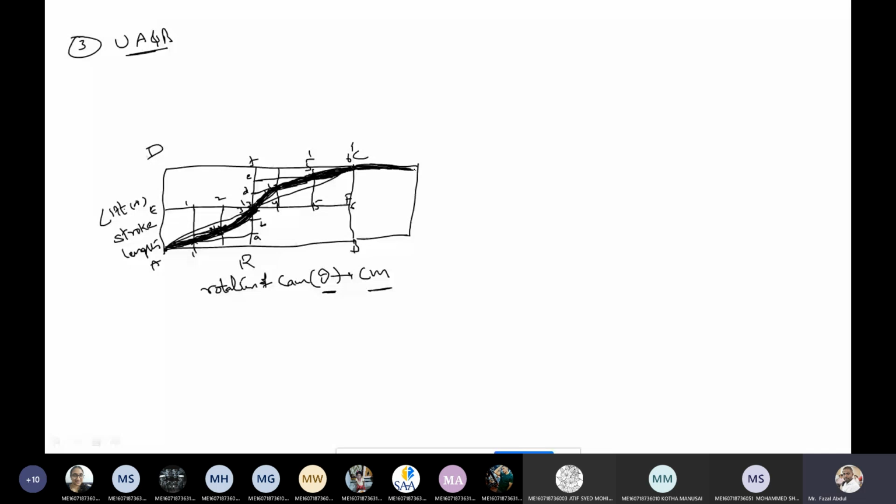Sir, why are we dividing into four parts of this box? Which one? See here, the displacement diagram has 4 parts because whenever the cam is rotating, 4 different positions will occur for the follower. What are the 4 different positions?